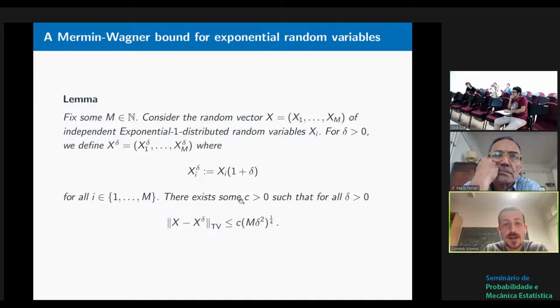In this case, for the exponential random variables, there is a very nice proof to see that rather immediately. I claim that instead of looking at the total variation distance of the vectors, it suffices to look at the total variation distance between the sum of the entries of the respective vectors.